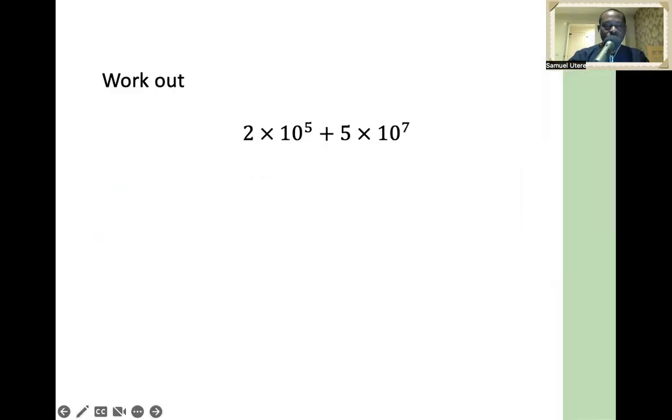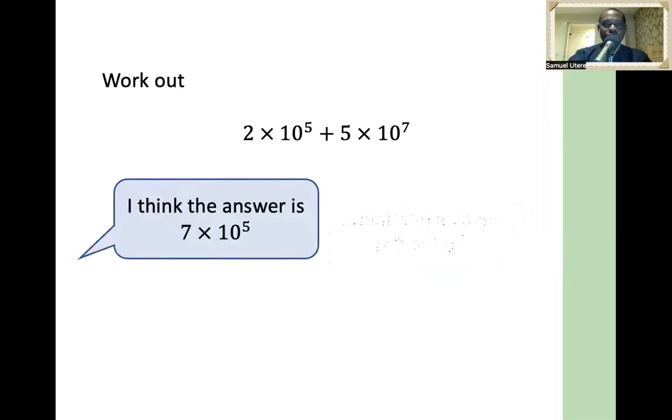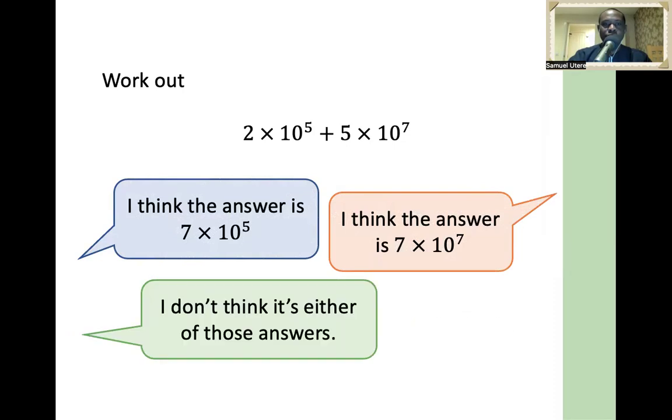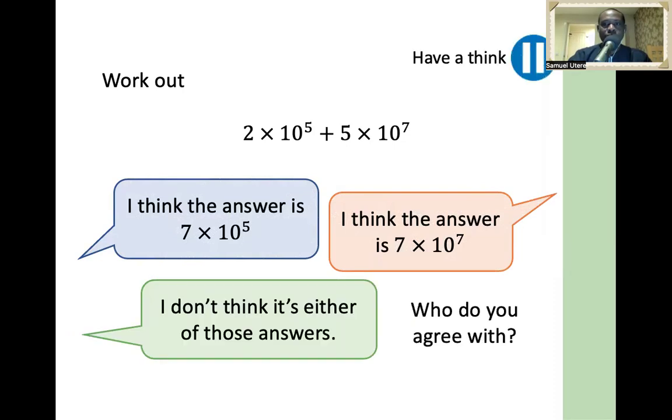Okay. So for this one, here we want to work out 2 times 10 to the power 5 plus 5 times 10 to the power 7. Now, to be able to do this, we just need to change the numbers.